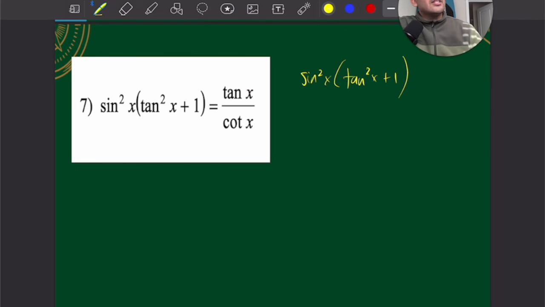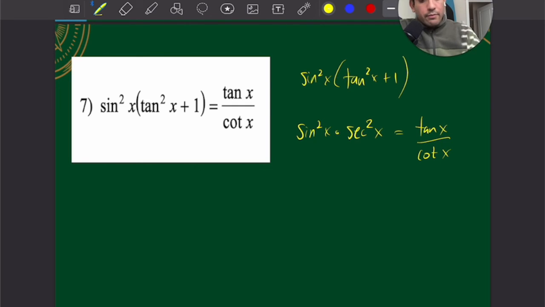A lot of times whenever we're proving these identities, we have to be very clever with our methods. If you notice, tan squared plus 1 is actually an identity that we can use. This is technically equal to secant squared. So we have sine squared x times secant squared x. Before I do anything, I'm just going to set this equal to tan x over cotan x. Now keep in mind that secant squared is the same thing as 1 over cosine squared.